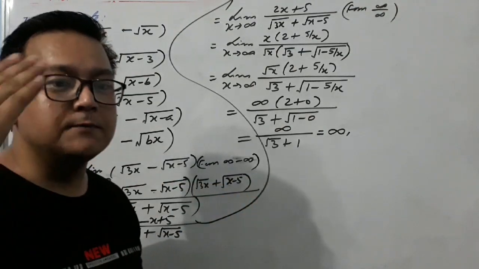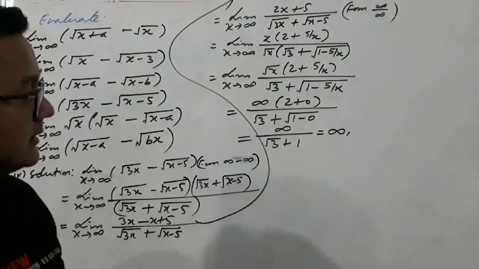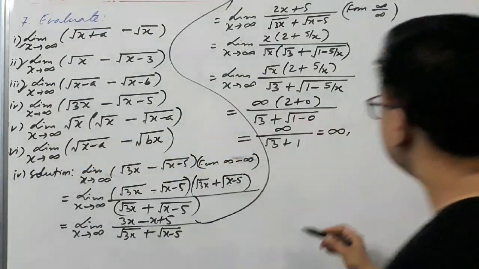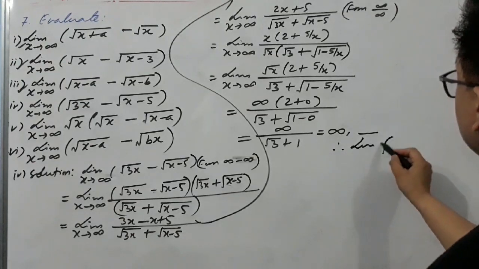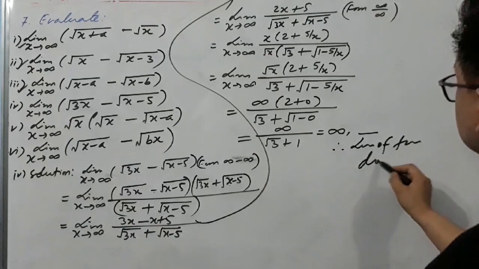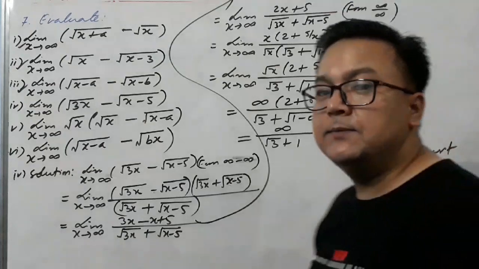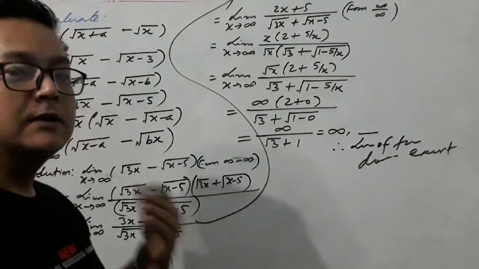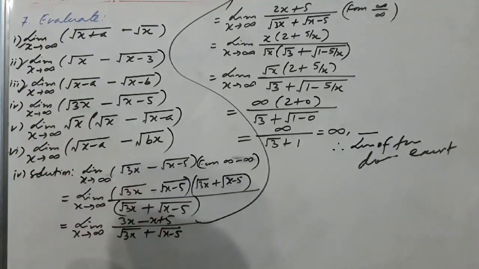If you get infinity, you can write down that the limit of the function does not exist. This shows that the limit of the function as x tends to infinity does not exist. So this is the type of function you may get.